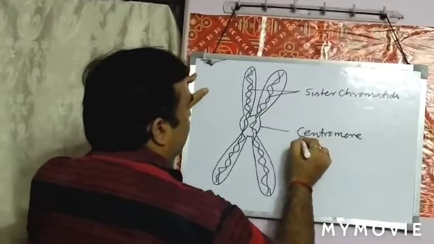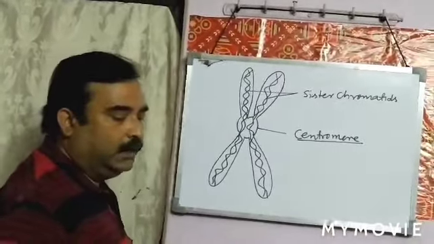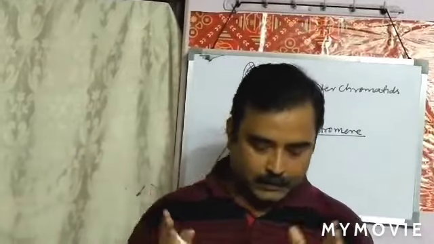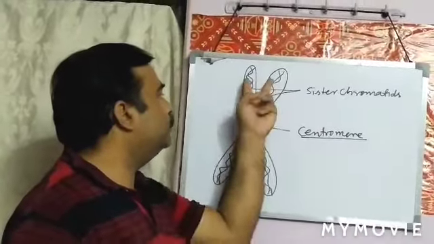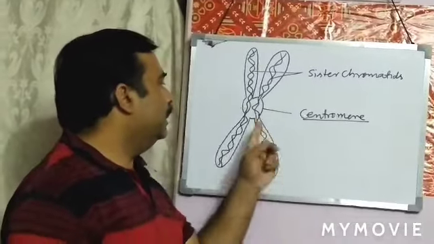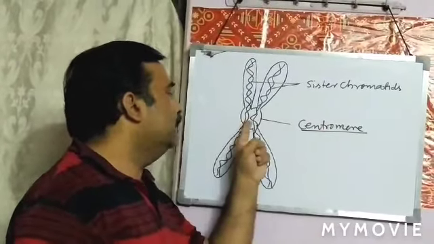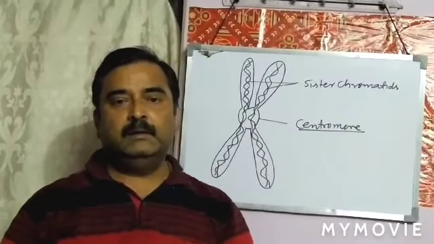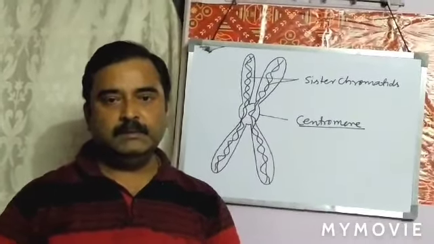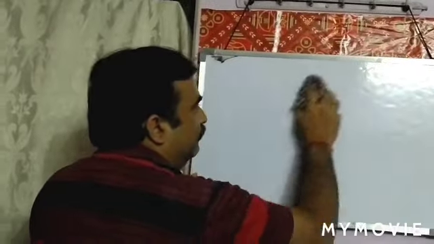This centromere is also called kinetochore. So we can say a single chromosome has 2 sister chromatids, and both are connected with each other by the centromere. Clear? Till here any doubt?